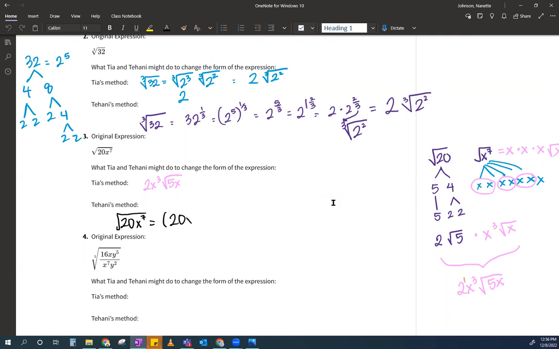Very good. Okay, using our properties, what would happen next? What's the property that we should use here? Anybody remember this property?